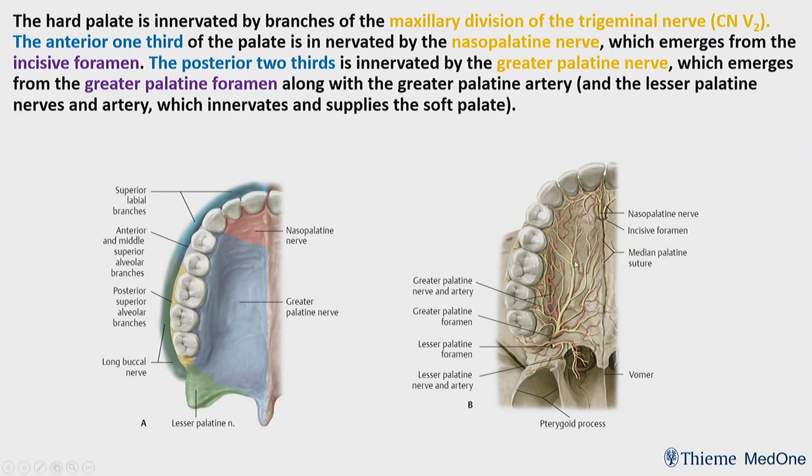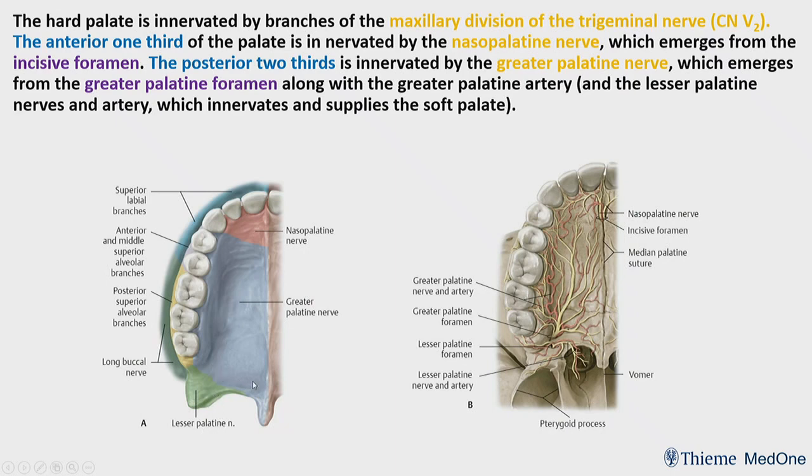Usually the nerve is medial and the artery is lateral, and it innervates this area from the first premolar to the last molar. The posterior part, which is green, is the area of innervation of the soft palate, and specifically the lesser palatine nerve, that we are going to discuss.